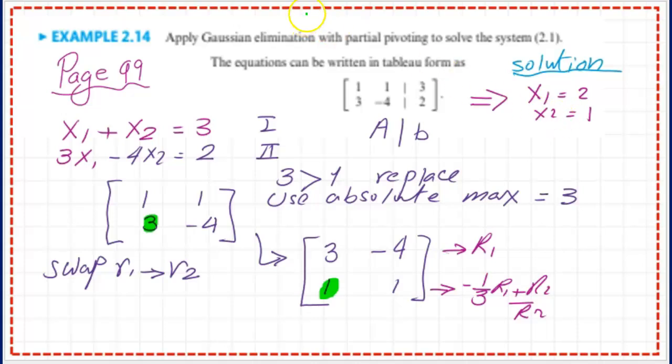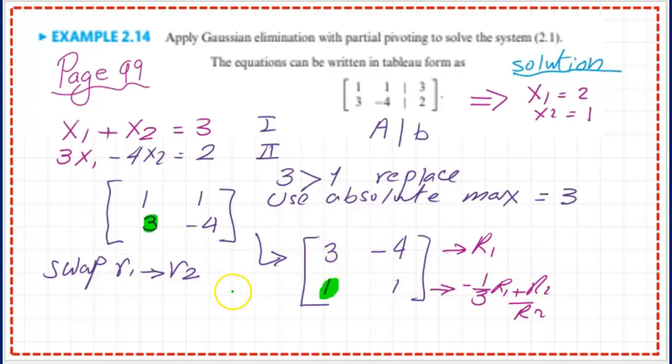To perform the partial pivoting as required, first we check whether A11 is bigger or A21. We compare the absolute value of 1 and the absolute value of 3. We find that the absolute value of 3 is bigger than the absolute value of A sub 11. So we are going to swap, to make a row exchange.